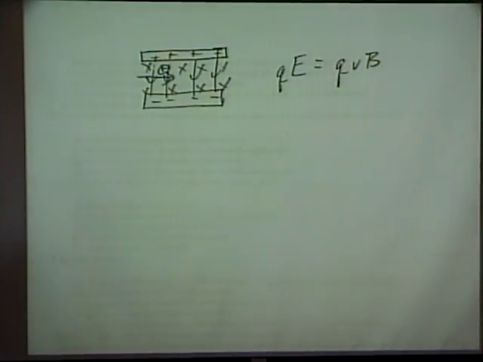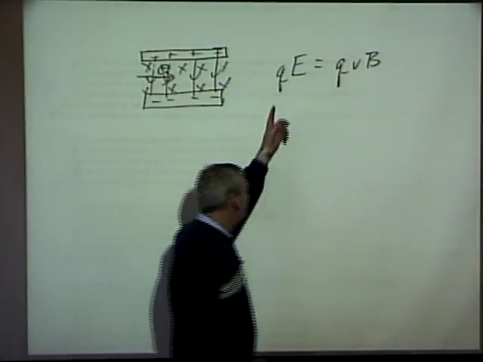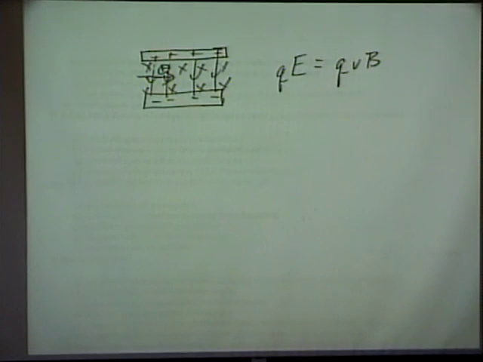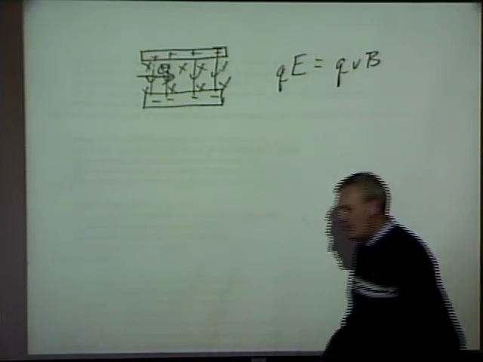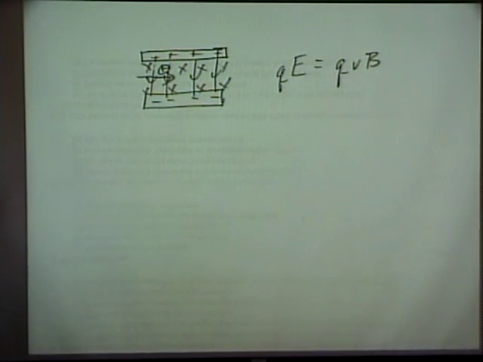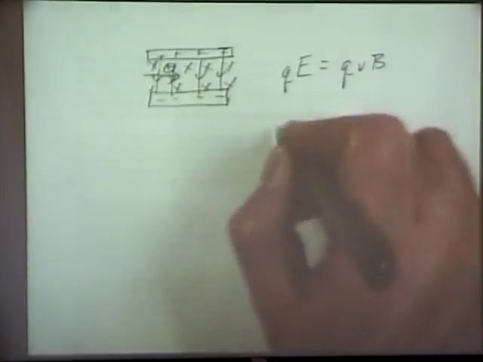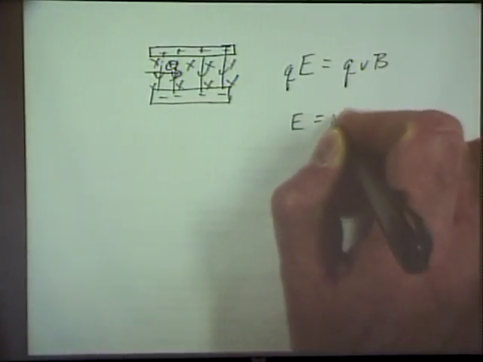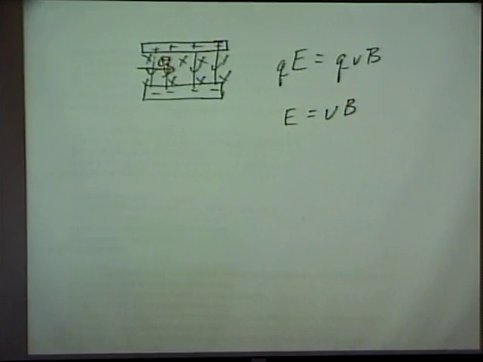There we go. So based on the charge and its velocity, it's going to come shooting out of there with a certain velocity. What up there cancels right away? The charge. So basically the electric field equals V times B. That's kind of cool.